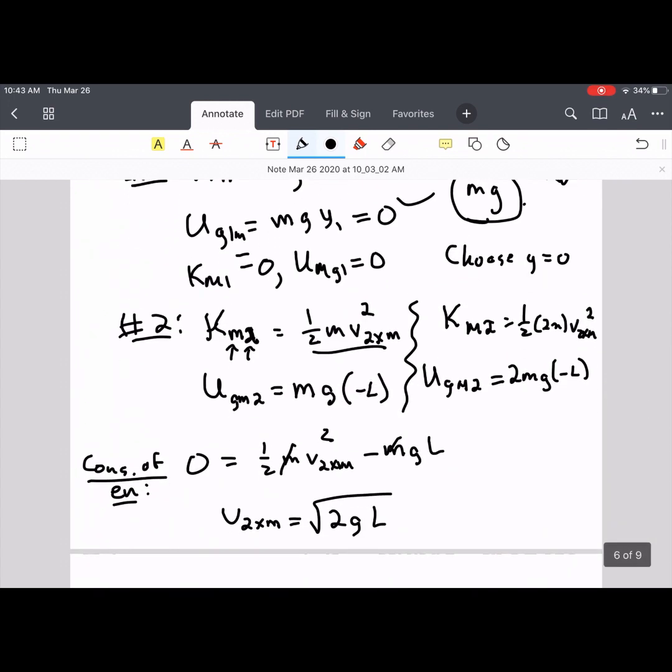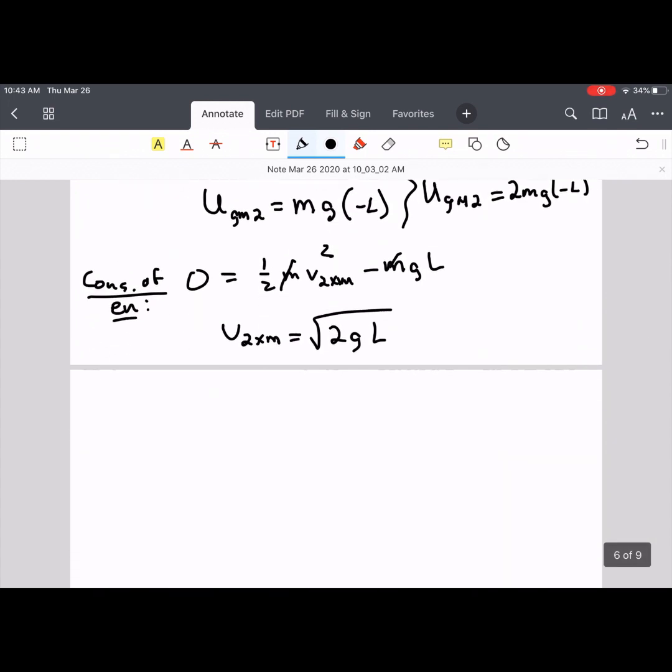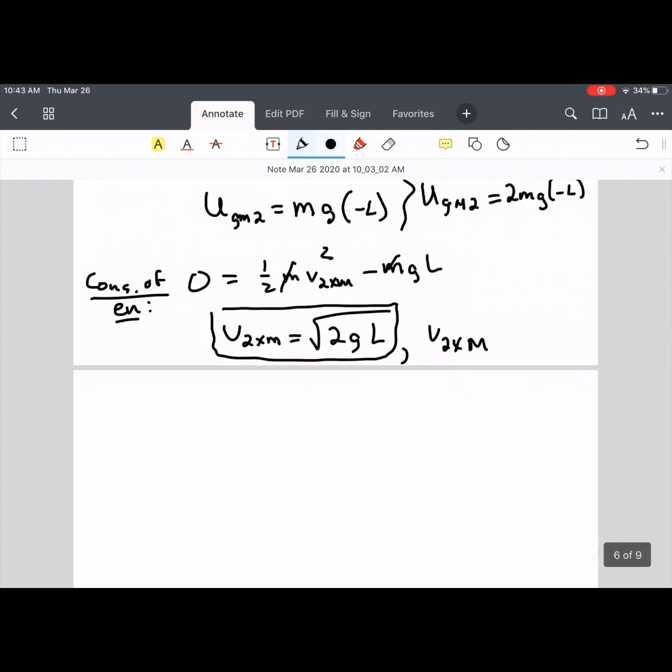If I talk about the heavier object, the same math holds. You'll notice that this doesn't care about the mass of the object, but now it's moving to the left. So v2x big M is negative square root of 2gL. So those are our initial velocities.